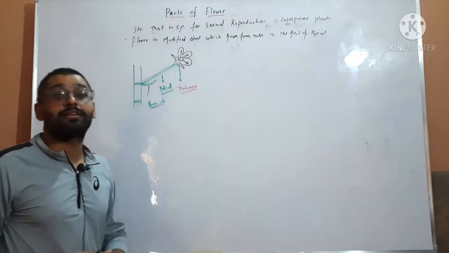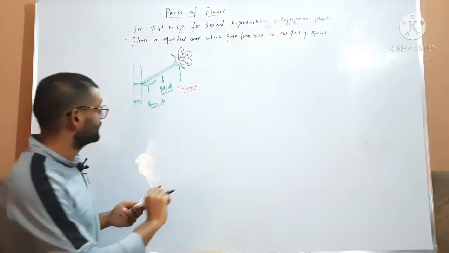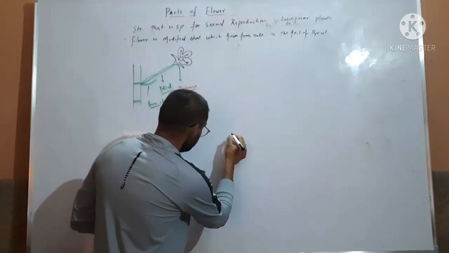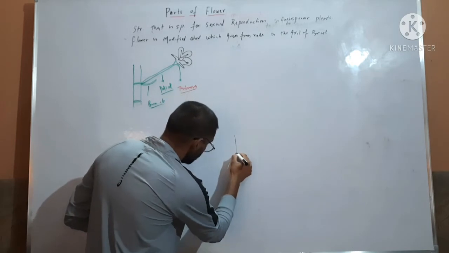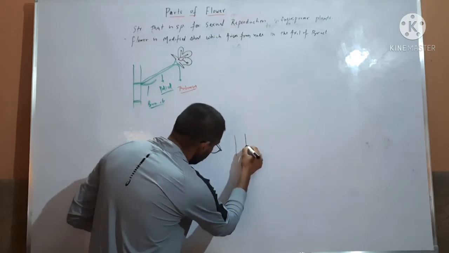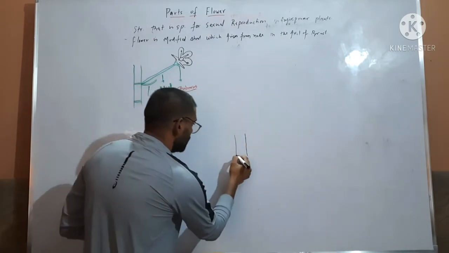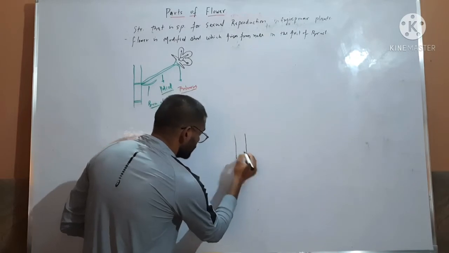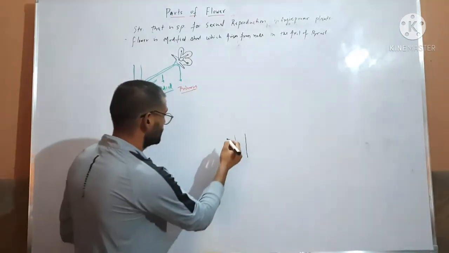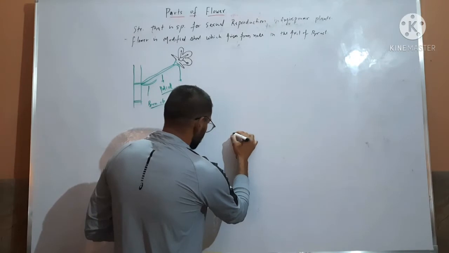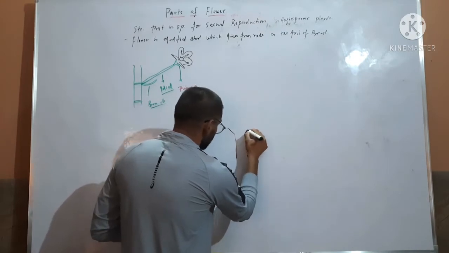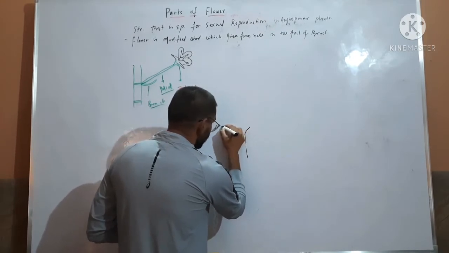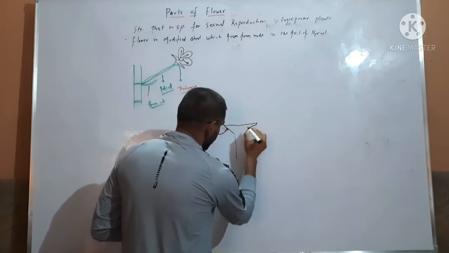Now let's understand the different parts of a flower. So this is a pedicel, or you can say floral branch. The terminal part of this becomes flattened and swollen.